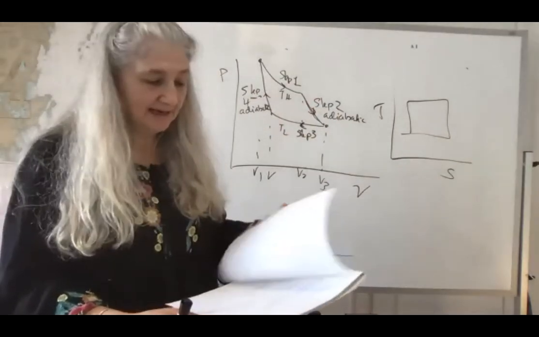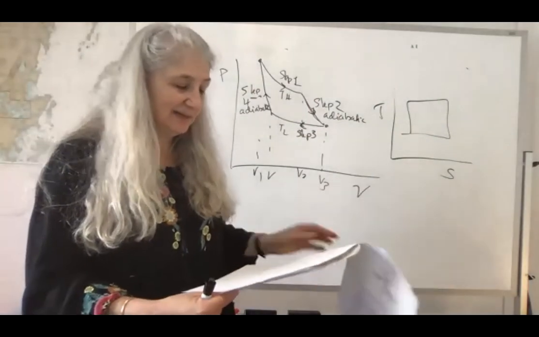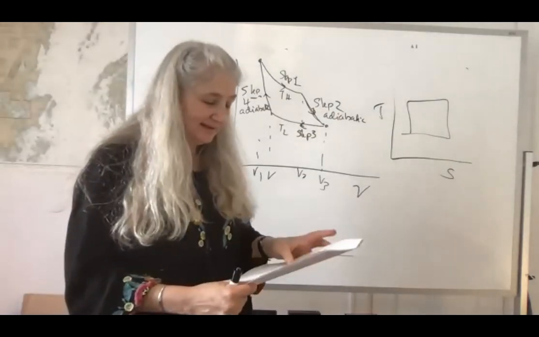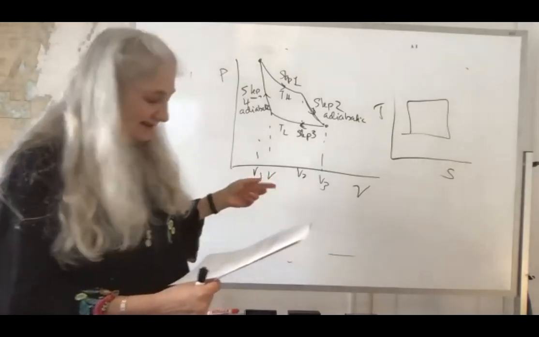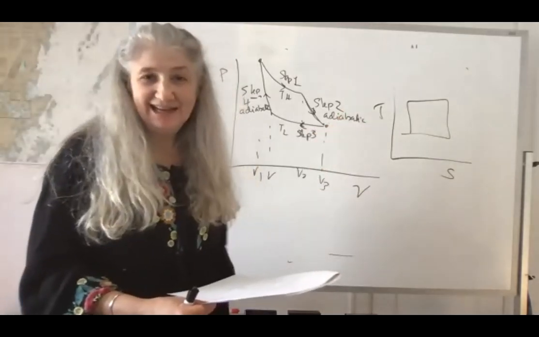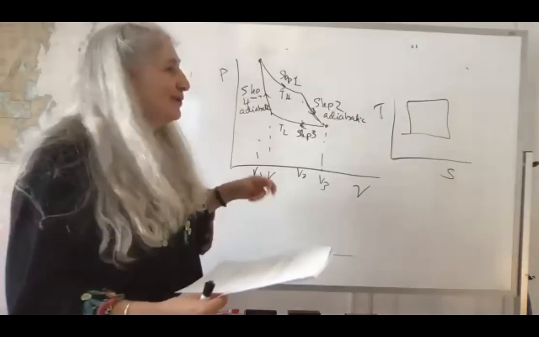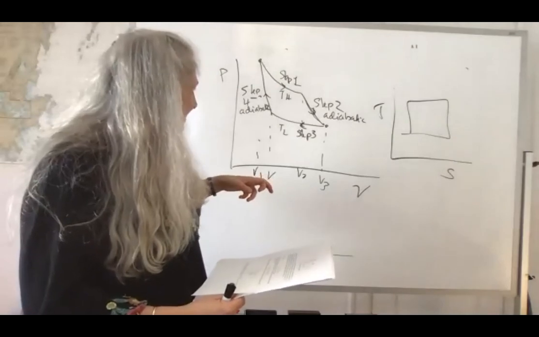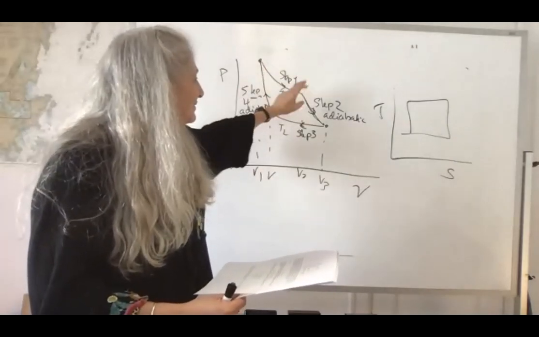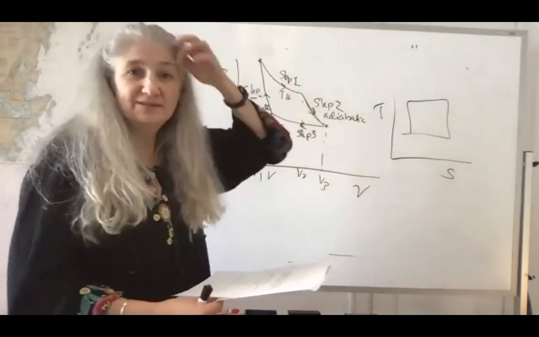And actually in the notes, I do go through the calculation. You just have to integrate the work, which is the same thing as integrating the heat. And that lets you compute, if you know QH, which is the heat transfer that happens on this step, you integrate the whole work and divide by QH, and that gives you the efficiency.